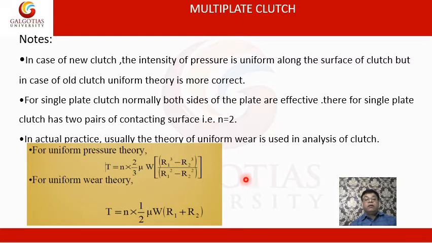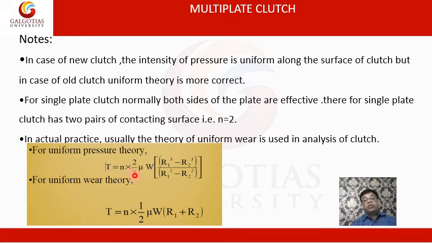Here the torque transmitting equation is very similar to that of the single plate clutch, the only difference being that we multiply by n, where n is the number of discs.